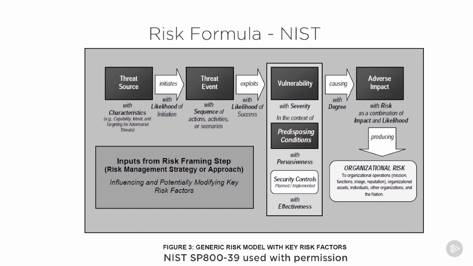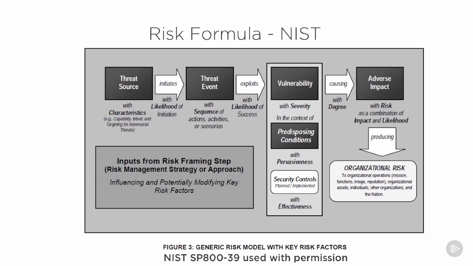So what happens? The threat source initiates a threat event. The threat event exploits a vulnerability or a predisposing condition within the asset. We could say that this will also determine the severity of this actual attack. It looks at, of course, whether or not this predisposing condition and vulnerability is well known, well documented, and whether or not the controls we have in place would be effective to mitigate the threat event.